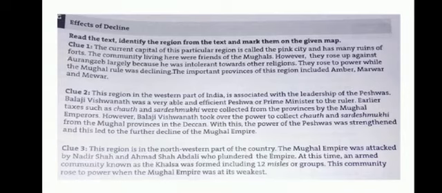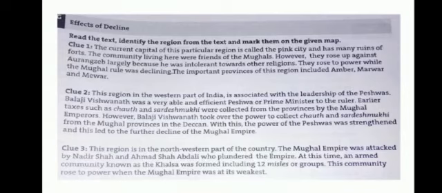Now come to clue 2. This region in the western part of India is associated with the leadership of Peshwas. Balaji Vishwanath was a very able and efficient Peshwa or Prime Minister to the ruler. Earlier taxes such as Chauth and Sardeshmukhi were collected from the provinces by the Mughal emperors. However, Balaji Vishwanath took over the power to collect Chauth and Sardeshmukhi from the Mughal provinces in the Deccan.